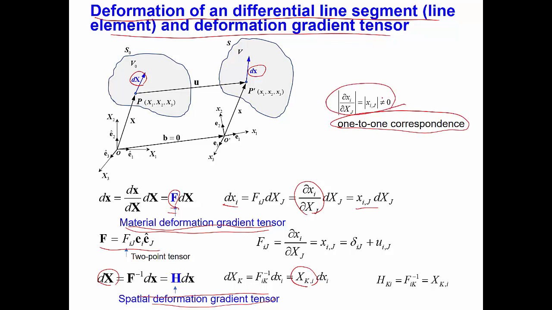So in this case, the partial differentiation of the spatial coordinate with respect to the material coordinate is non-singular. So there is the inverse matrix of F, that is the material deformation gradient tensor. So we can derive this relationship between the material deformation gradient tensor and the spatial deformation gradient tensor.